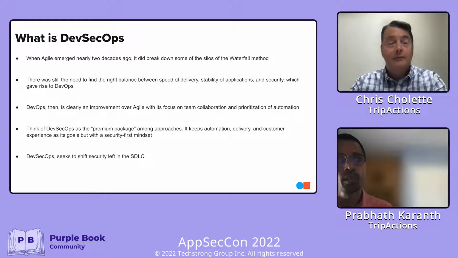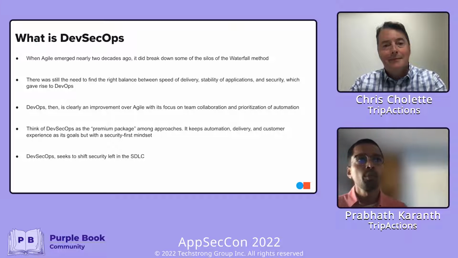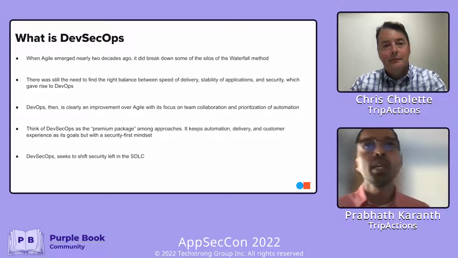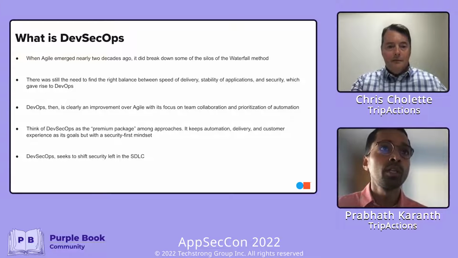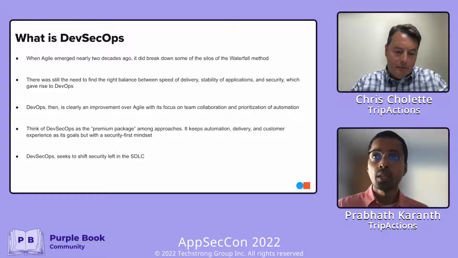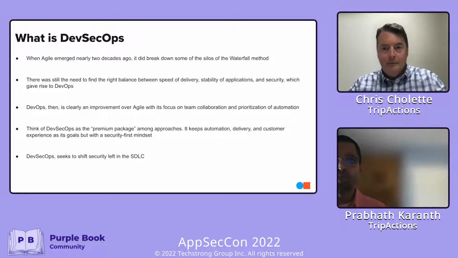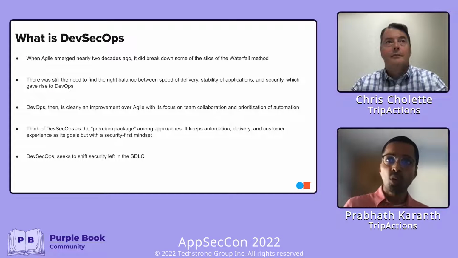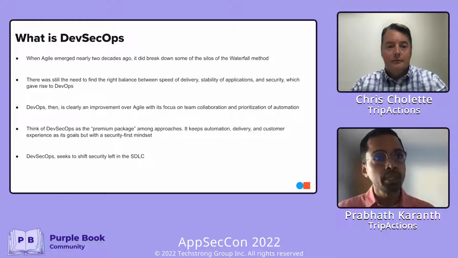So just to kick things off here, what is DevSecOps? As most of you probably know, when Agile emerged nearly 2 decades ago, it did break down some of the silos that the traditional waterfall method had. However, there was still a need to find the right balance between speed of delivery, stability of your applications, and security, which gave rise to DevOps. DevOps was clearly an improvement over Agile with its focus on teams, on collaboration, and prioritizing automation capabilities.